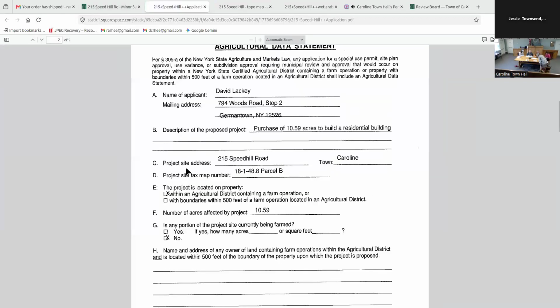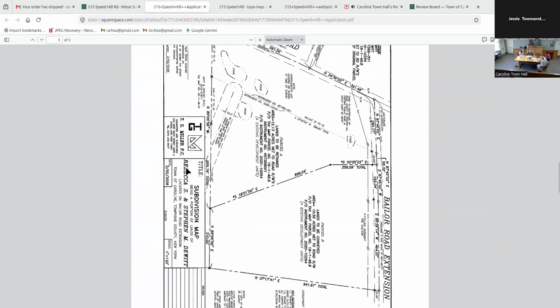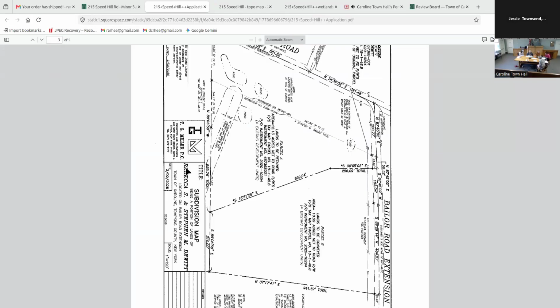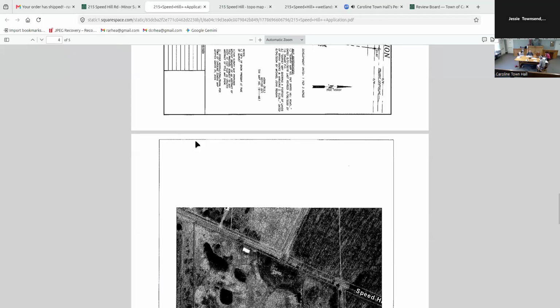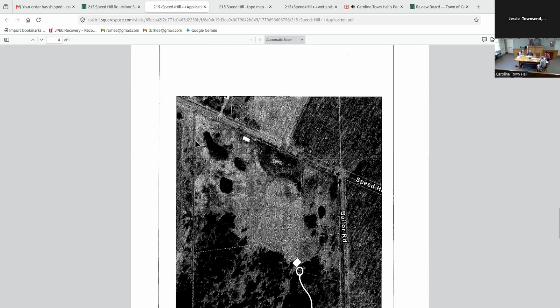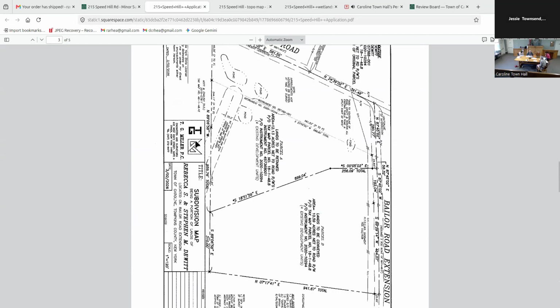No. Does the proposed action require a permit or funding from any other government agency? No. The total acreage of the site of the proposed action is 10.5 acres. The total acreage to be physically disturbed is 0.5 acres. What's the physical disturbance? Earth movement, building a house. Oh, okay. But we're just doing a subdivision. Yeah, so I don't get it. It says 0.5.